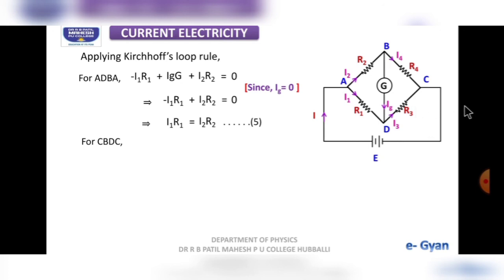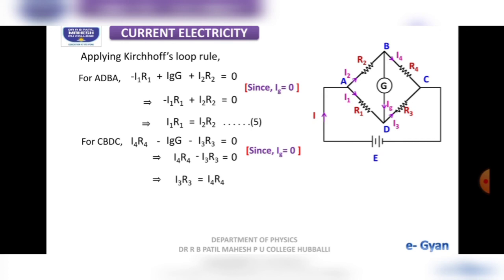Now let us write the equation: I4 R4 minus Ig G minus I3 R3. Since Ig equal to 0, we get I4 R4 minus I3 R3 equal to 0. This implies I3 R3 is equal to I4 R4.